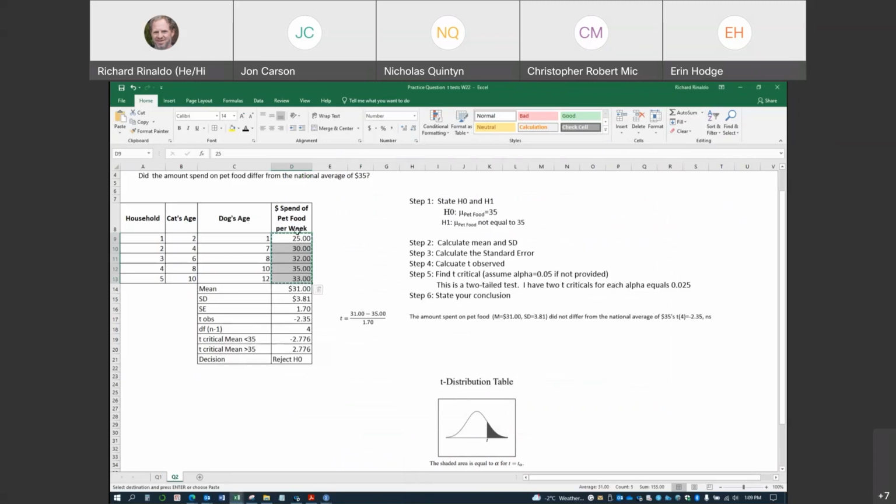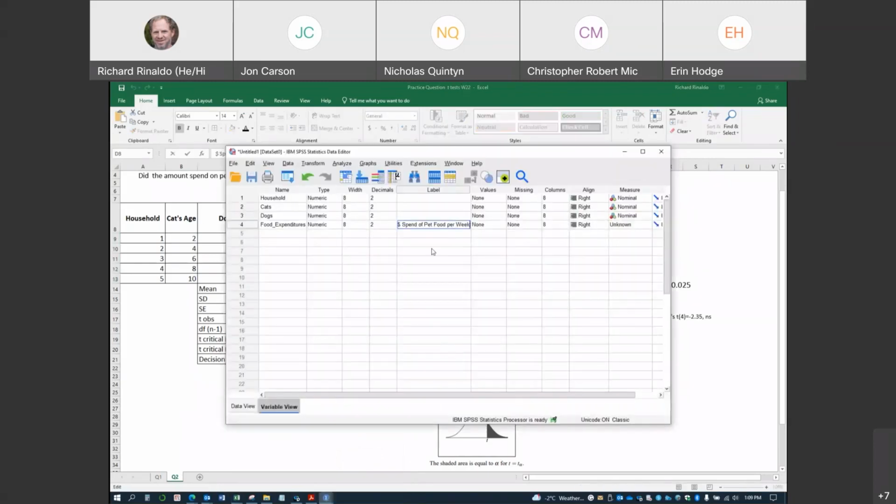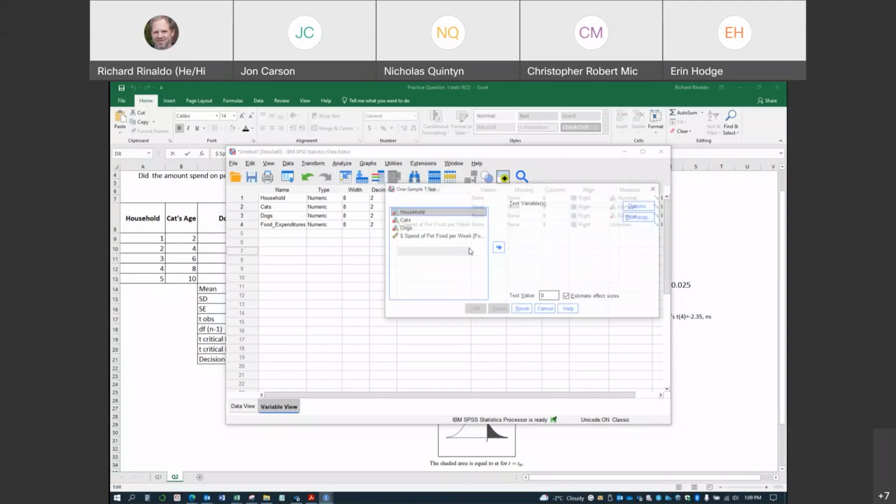Okay, so now I'm going to run my t-test. Compare means. This is a one sample t-test. The test variable is the amount spent on pet food, and the test value, which is the null hypothesis, is 35. Then I click OK, and voila. So let's make sure that what we did in Excel matches up.